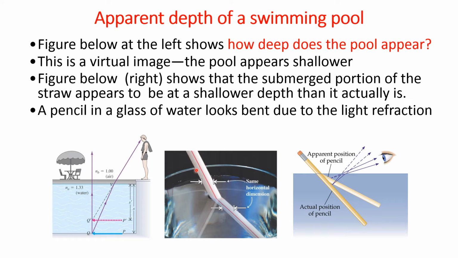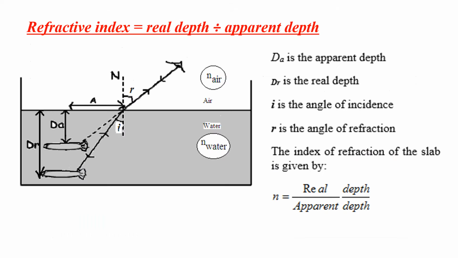The second consequence is that a pencil or a drinking straw in a glass of water looks bent due to light refraction. Then how fish are seen in water. If a fish is in a pond, then there is light which comes from the fish at the bottom and reaches the point of incidence on the surface separating water and air, and the light is refracted into the eye of the observer.